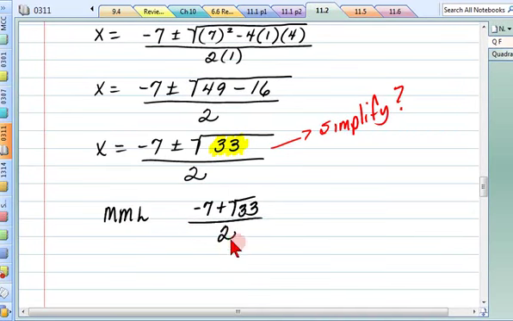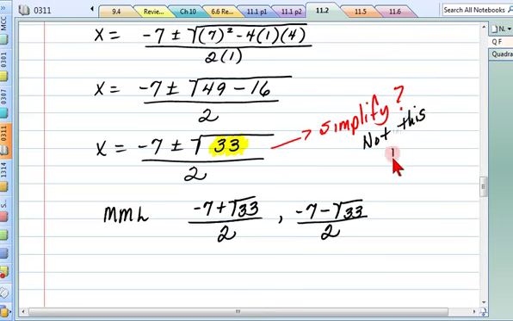Make sure you're out of that answer, comma, negative 7 minus the square root of 33 over 2. Is that okay?